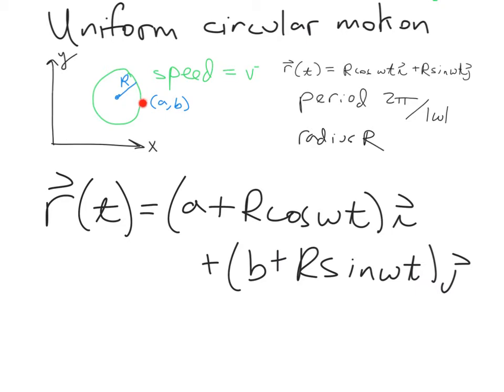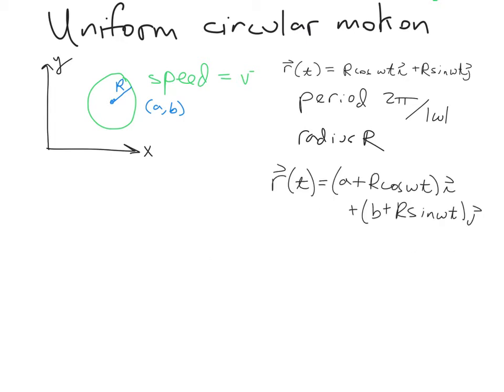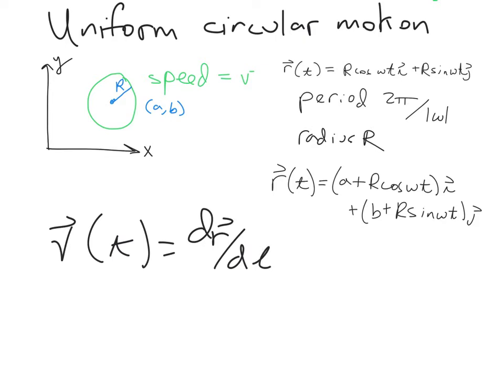That's right here. Now let's find the velocity and the speed of motion about this circle. To find the velocity vector, v of t is equal to dr dt at time t. The derivative of a is going to be 0.